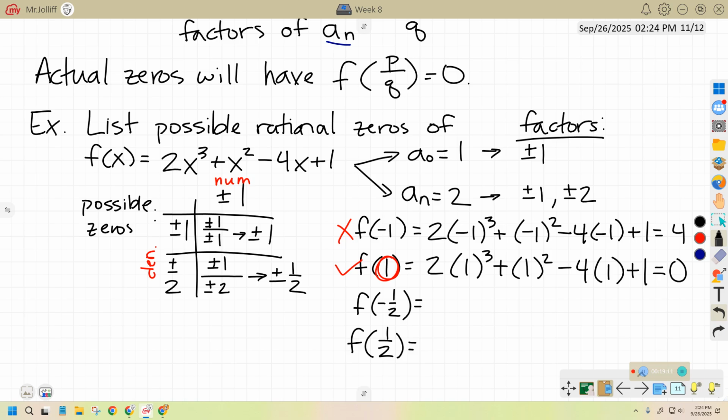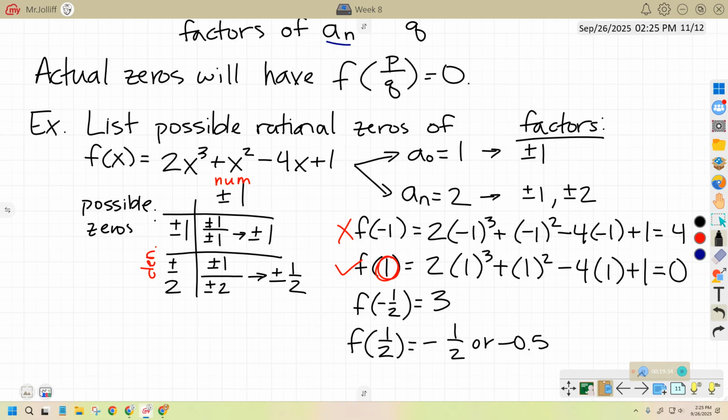All right. Anybody have a value for f of negative 0.5? Julie, what'd you get? 3? Does anyone have a value for positive 1/2 or 0.5? Probably negative 0.5 if you did it on your calculator.